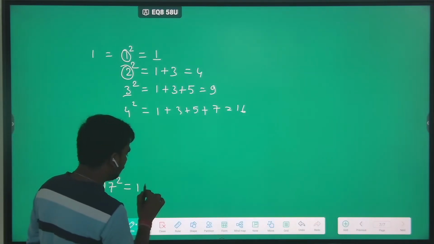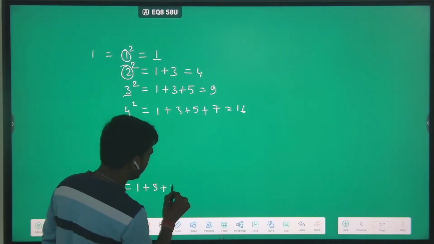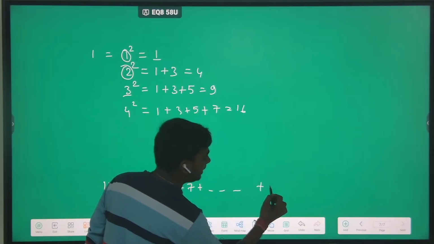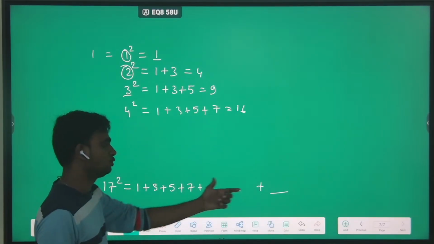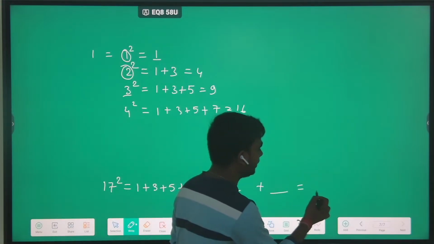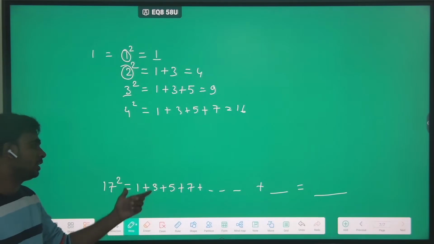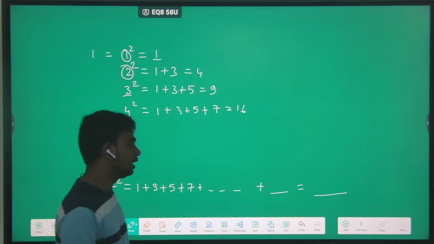You will add 1 plus 3 plus 5 plus 7 and so on, up to 17 terms, and you will add those values. You will get the value. Okay. So this is also a method through which you can find the squares of certain numbers.